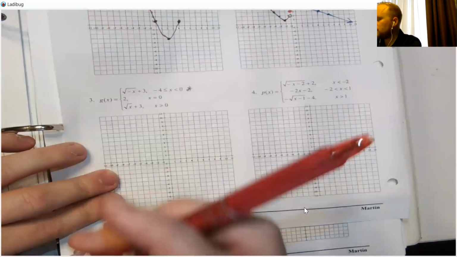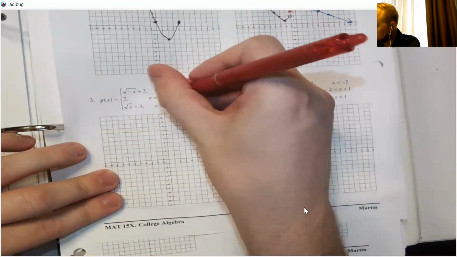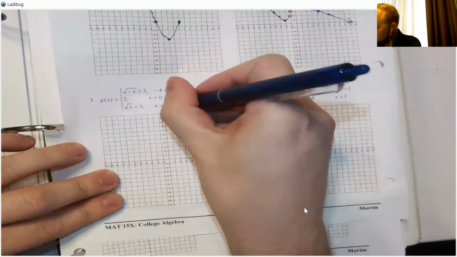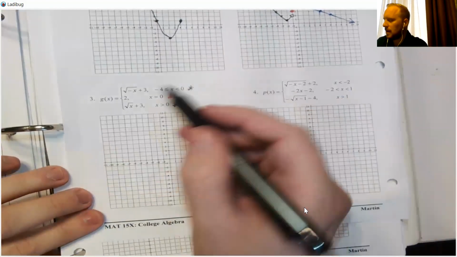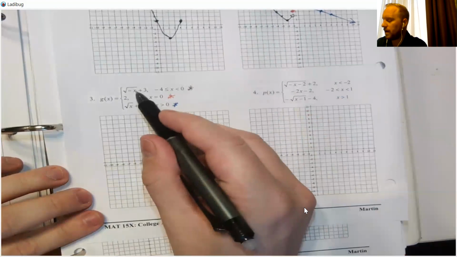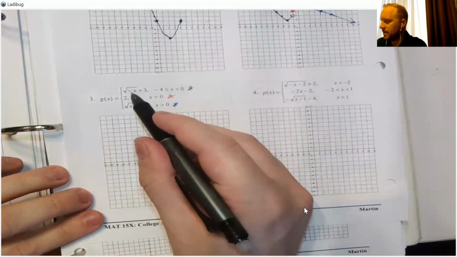So I'm going to start with this one, making this one black. This one's going to be red. And then this one's going to be blue. Okay, so I'm going to plug in my negative 4 in here. So if I plug negative 4 in here, that gives me positive 4.